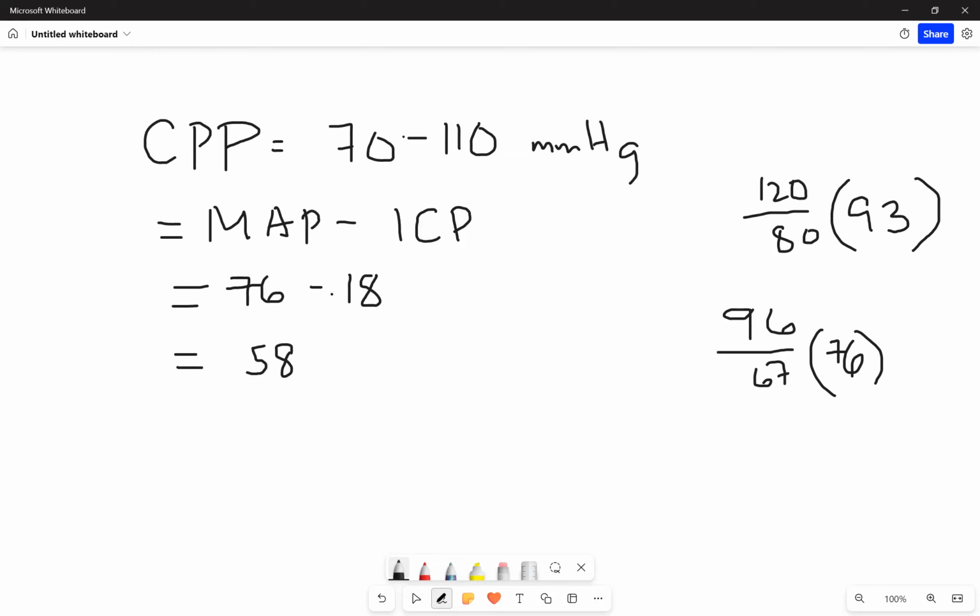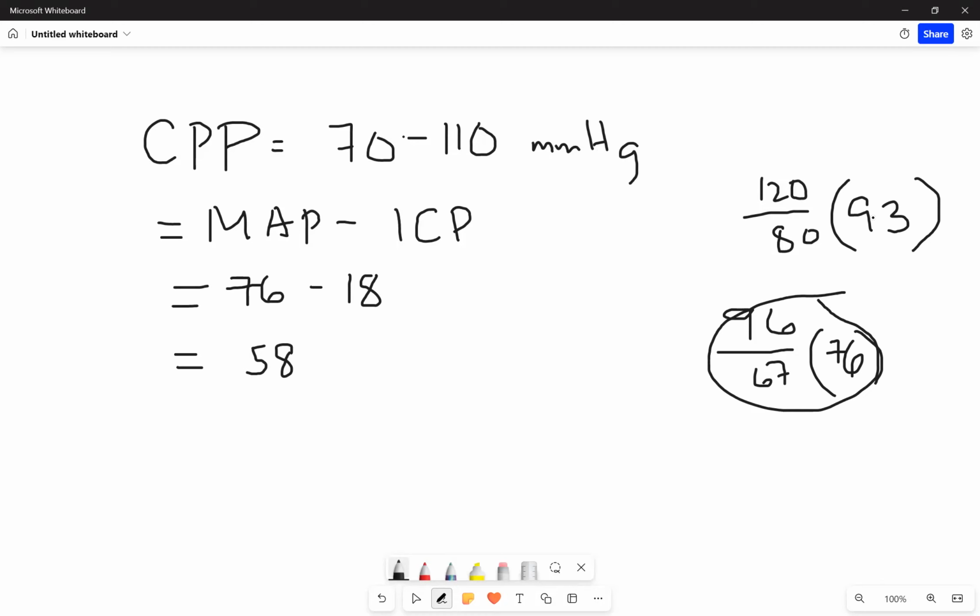Normal CPP is between 70 to 110. And a CPP of less than 60 means that the brain cells are dead because you need 70 to 110. I mean, it can sustain up to 60. However, below 60, brain cells are dead.